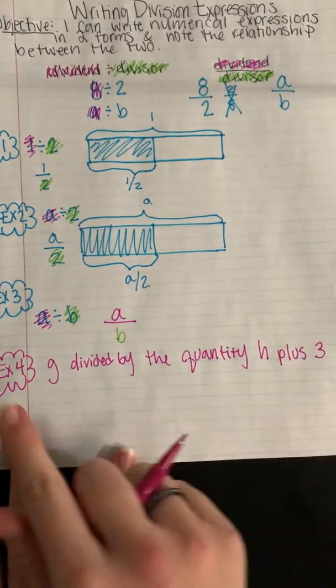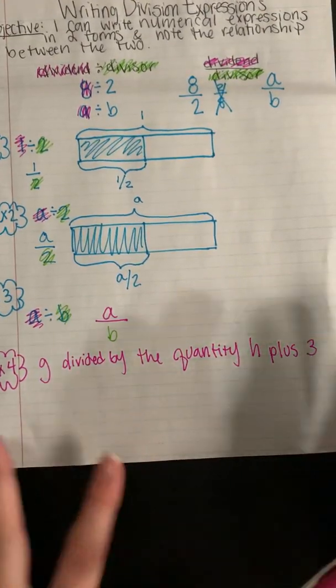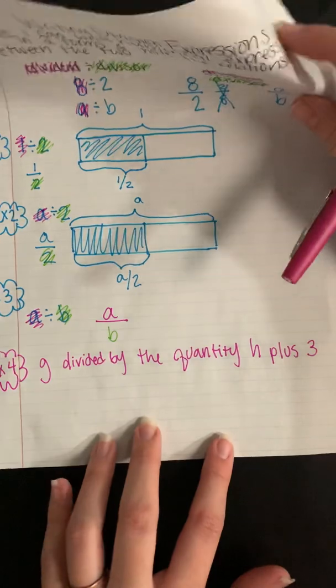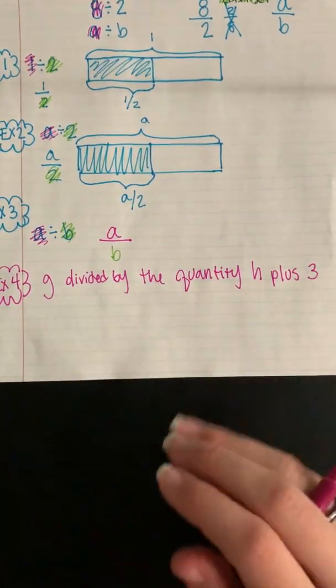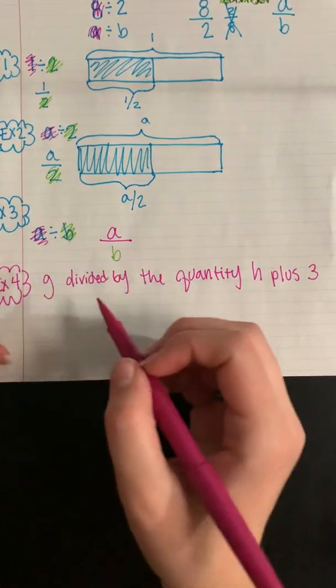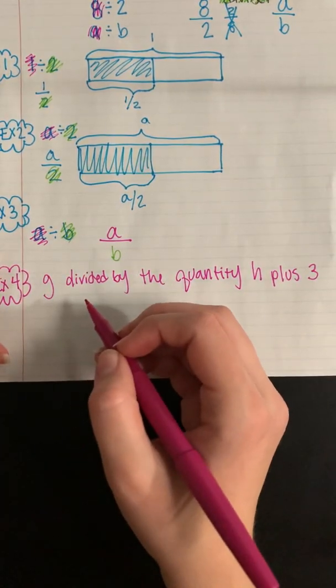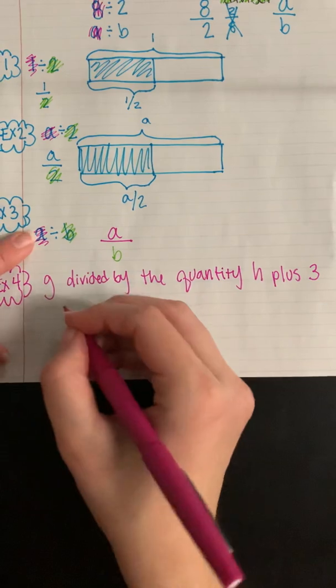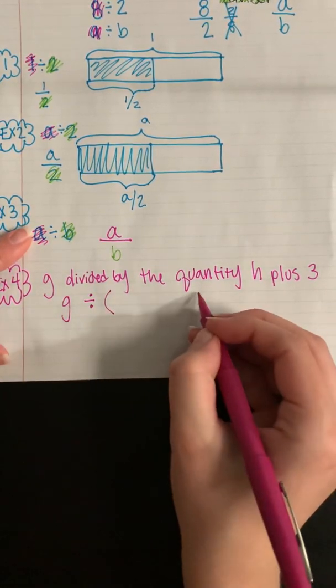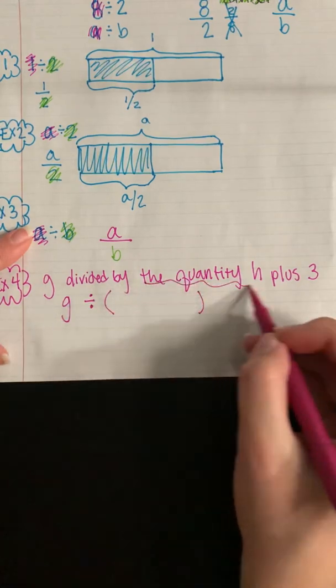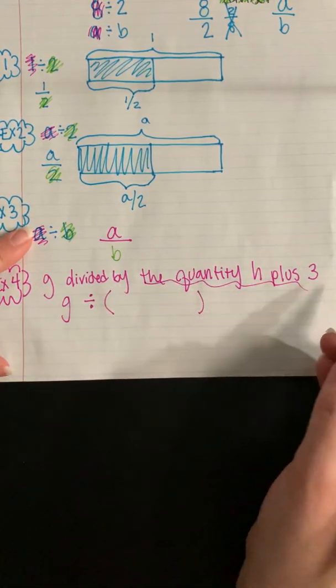So a pretty long expression written out in word form, and I said write an expression for this with the division symbol. Let's start with the symbol. So we can use this. Well, I know that I would see g divided by, and then all of this, the quantity h plus 3.